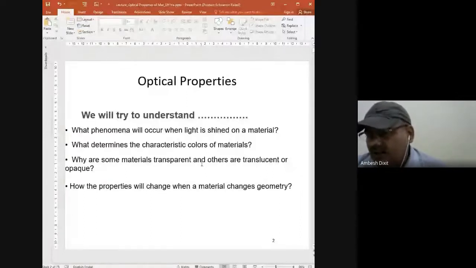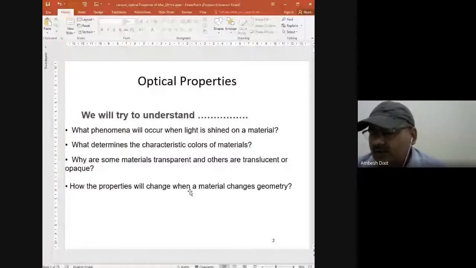How will the properties change when a material changes its geometry? If time permits, we will look into these aspects. For example, if I take a bulk material, and bulk material means its dimensions are in micrometers or even larger, that is the difference. But if I reduce the geometry, taking this material from microscopic dimensions to nanoscopic dimensions, how things will change is our intention as well.